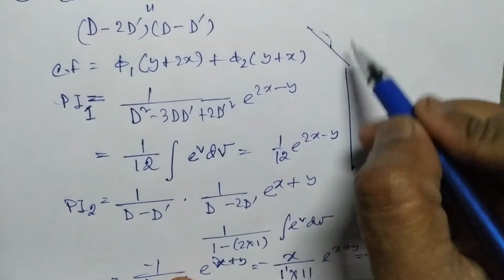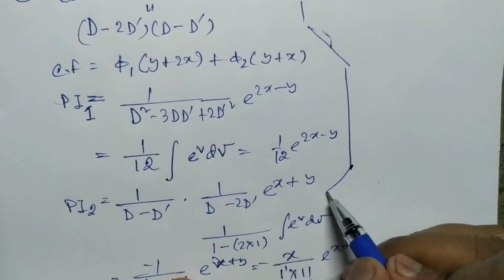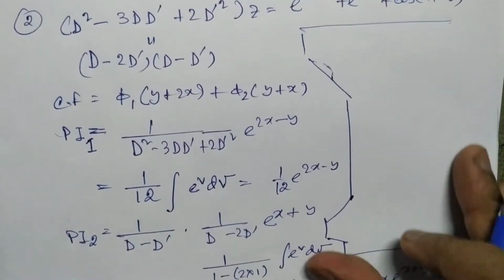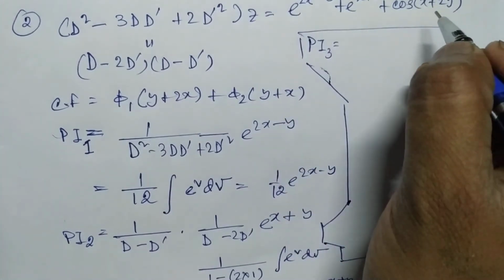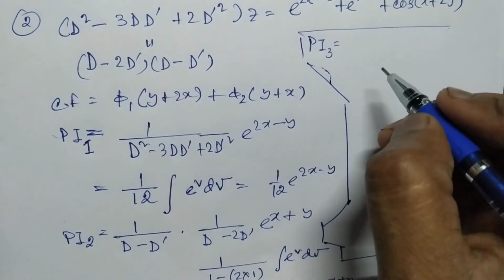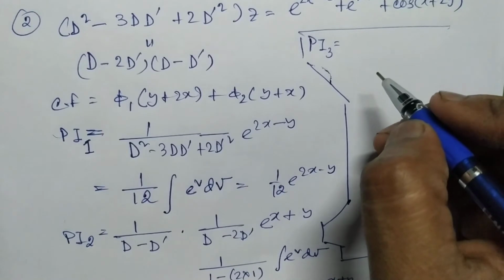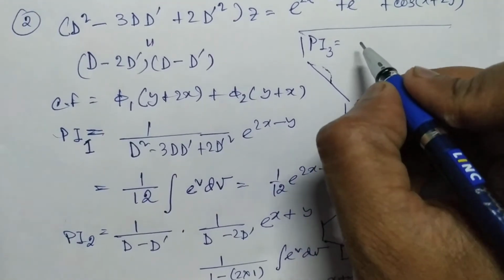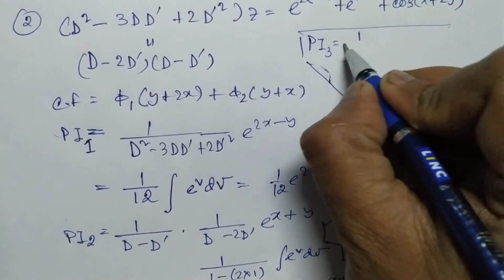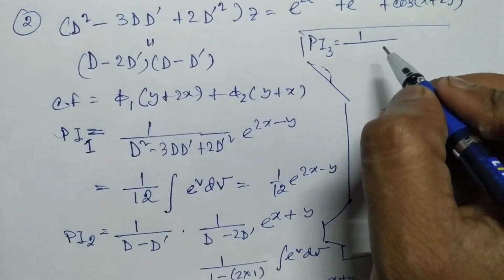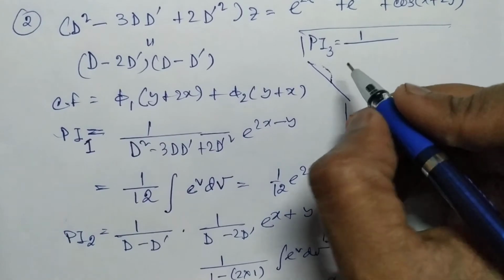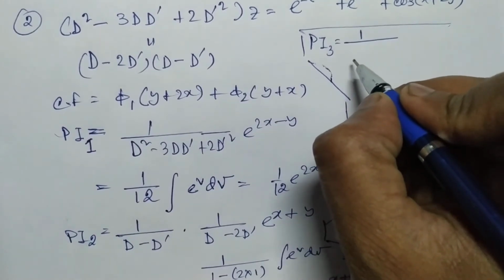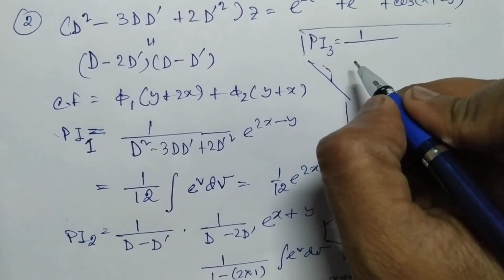Not changing the page, let's try to do the pi3 here only for the cos of x plus 2y part. You just replace d by 1 and d dashed by 2, and then we have 1 minus 6 plus 8.